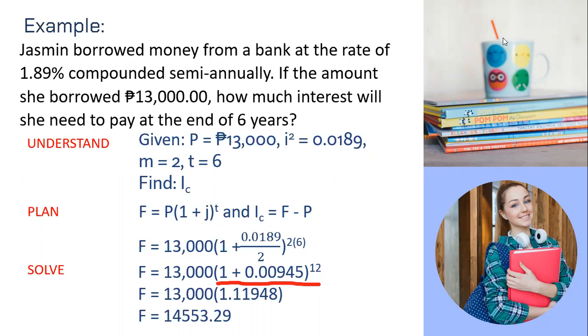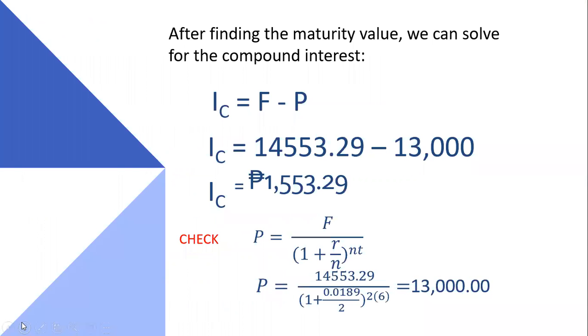And therefore, for the last step, which is finding the compound interest, we subtract the principal amount from the future value we got. Therefore, the compound interest is 1,553.29.